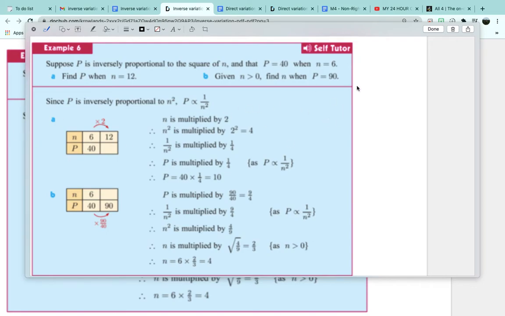So when P is 40, we're going to have this equal to k as the numerator over n squared, and n is 6. So this is going to be 36.